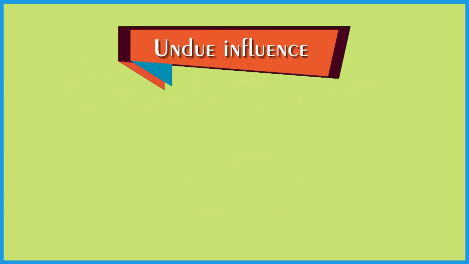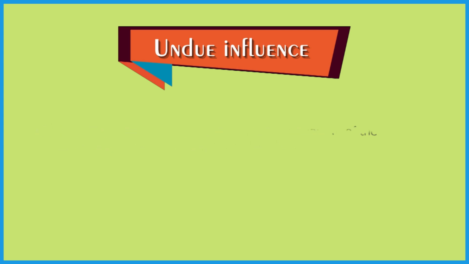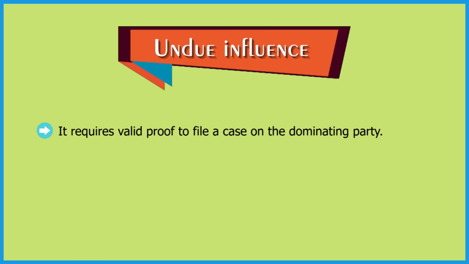So the effect of undue influence leads to voidability of the contract, because consent is not free, consent is induced by undue influence. So again there is a requirement of valid proof.